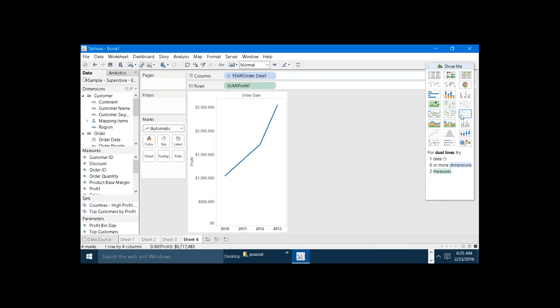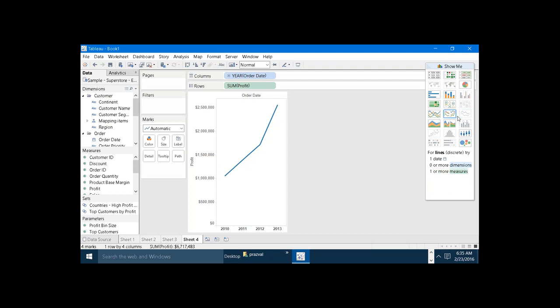The dual lines require one date field, zero or more dimensions, and only two measures. It means dual lines will perform only bivariate analysis.